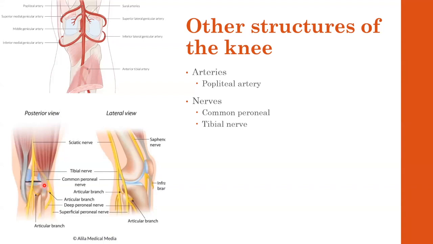Right before you see the fibula head here, so right around this area, you'll see the bifurcation point where the tibial nerve will move on the posterior aspect of our lower leg, and our common peroneal nerve will move more so on the lateral aspect. Once you get into the lower leg lecture, you'll realize how those nerves play important roles in innervating muscles that move our ankle and our foot.